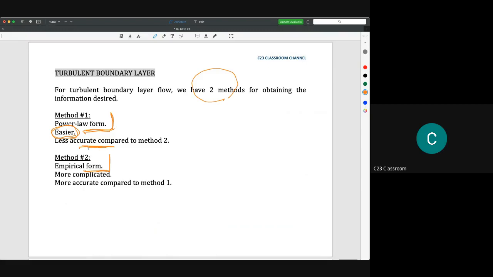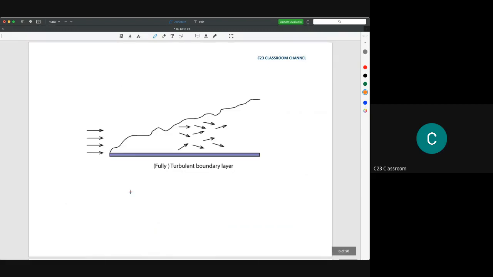Method number 2 is a little bit complicated because it should be calculated numerically, so you need a program to calculate everything from the values that you have. But I will show you the range that we could calculate in the exam. Because it is complicated, it is more accurate compared to method number 1.